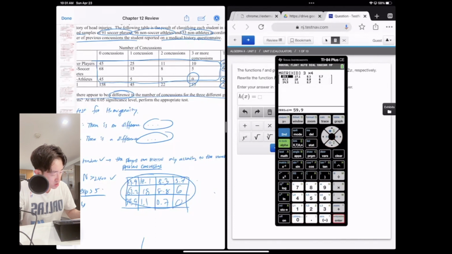All right, so we are going to run a chi-square test. The matrices here would be C versus D.